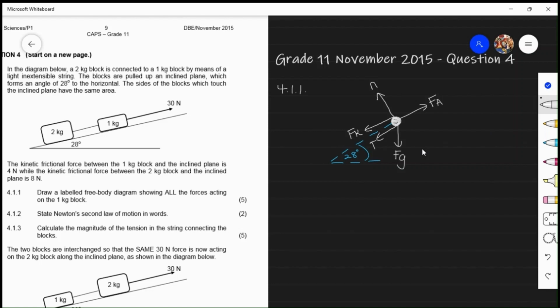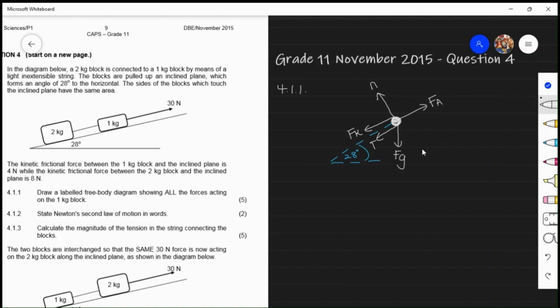Now, I'm going to also include my components of Fg. You do not need to include that for the marks. The reason that I'm going to include it is because it makes it easier when I'm calculating. Because sometimes when you're in a rush, you're trying to calculate as fast as possible before you run out of time in an exam, you might forget those forces.